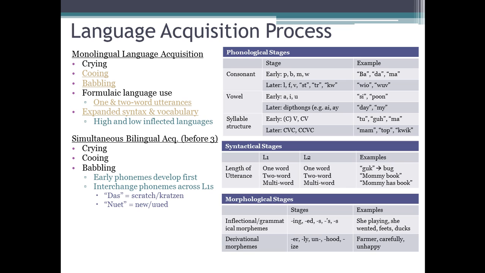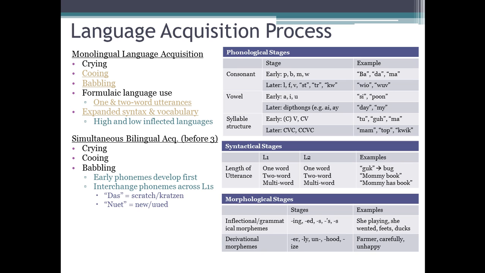The word scratch in English is kratzen in German. And so a simultaneous bilingual child, before the age of 3, hearing both of those terms being used by an adult, for example, might assimilate the phonemes that they're hearing and come up with their own unique term, which is not part of either language, okay, "das", and use it to mean scratch in English and to mean kratzen in German.